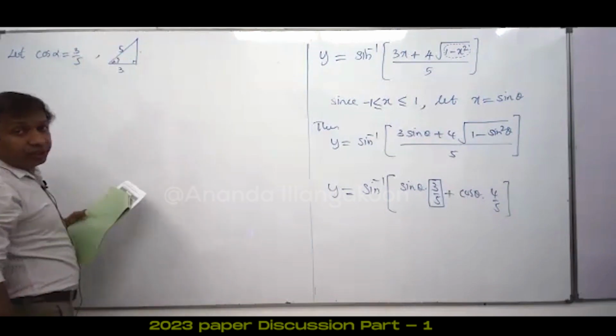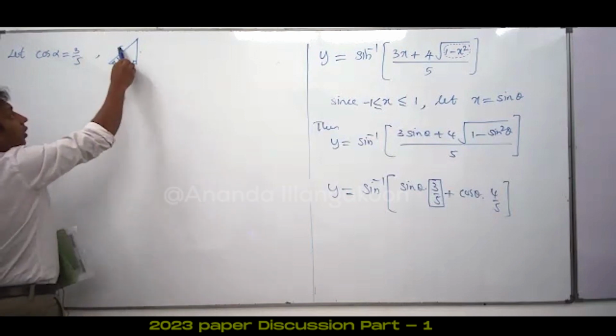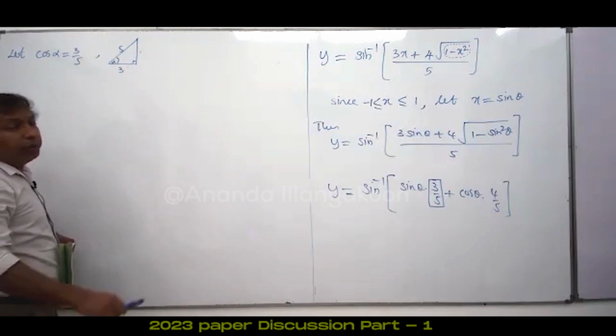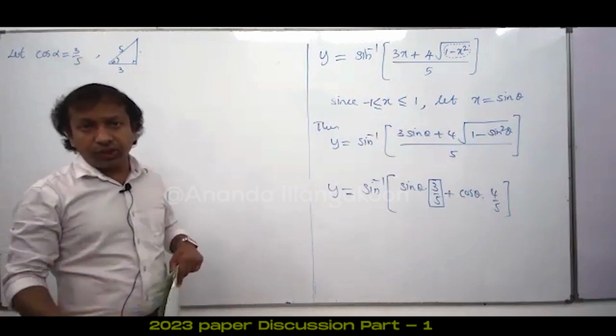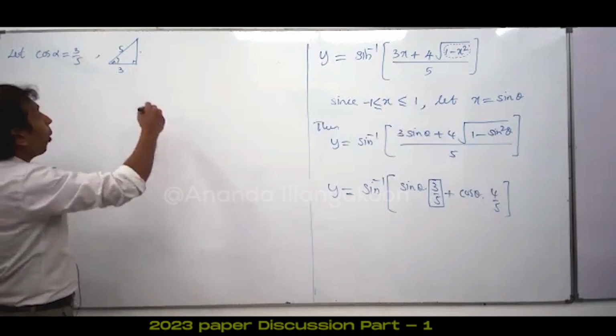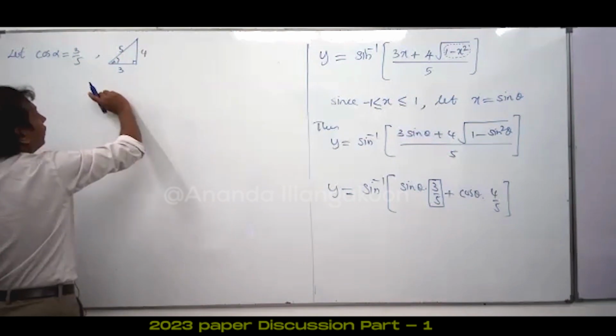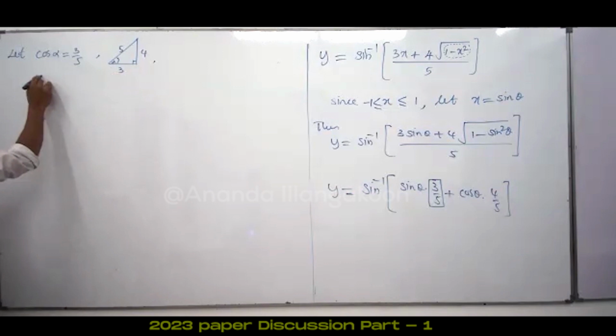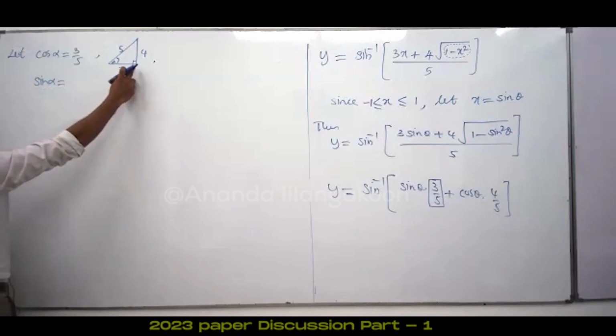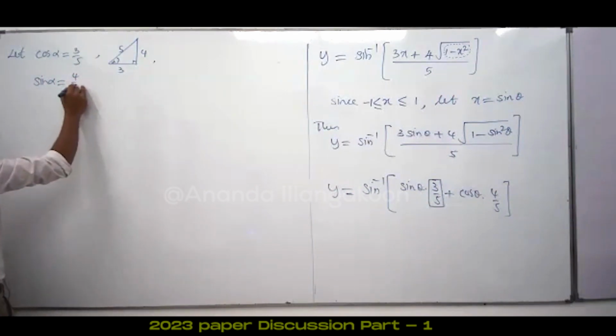Then the opposite side is the square root of 25 minus 3 squared, 9. 25 minus 9 is 16. Its root, 4, is the opposite side. See here now, when I write sine alpha, what will it be, people? Opposite by the hypotenuse, 4 by 5.